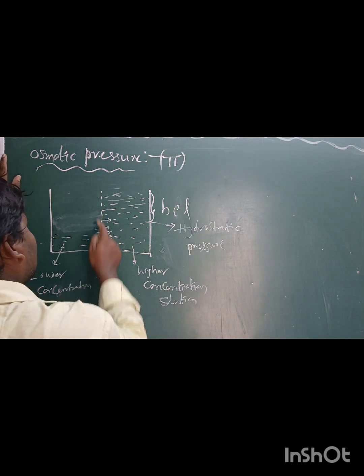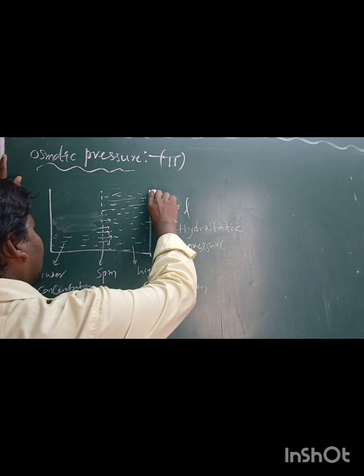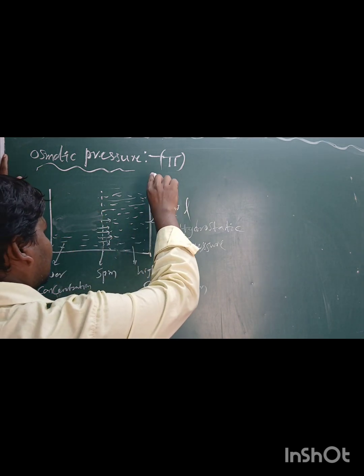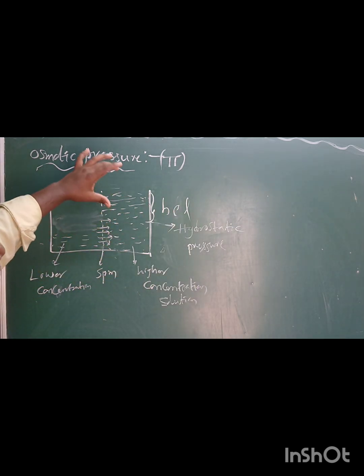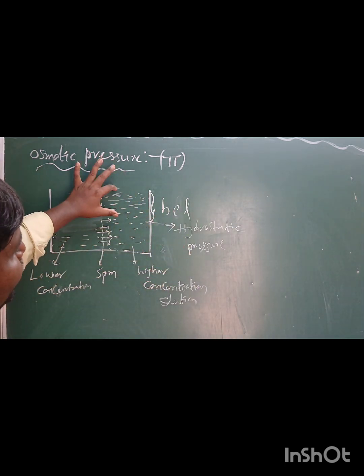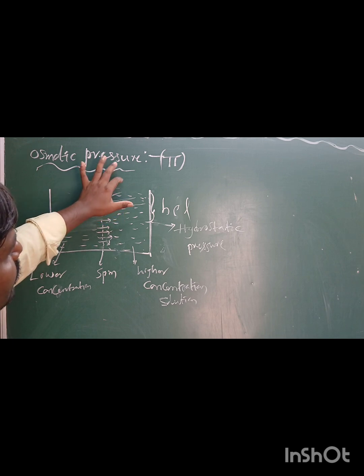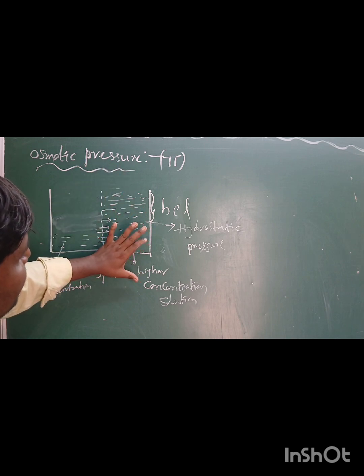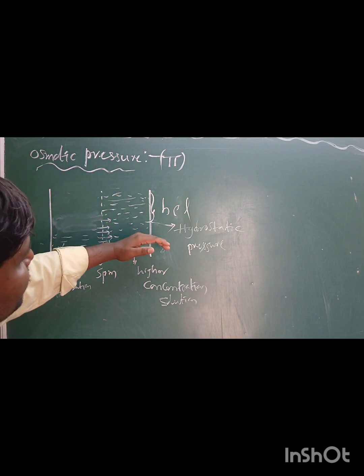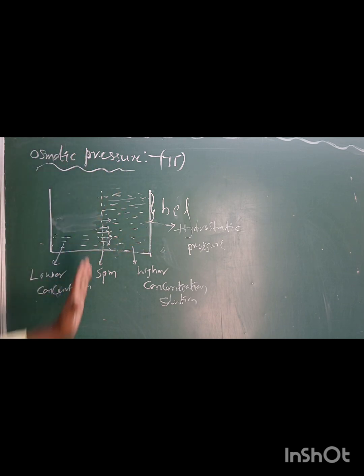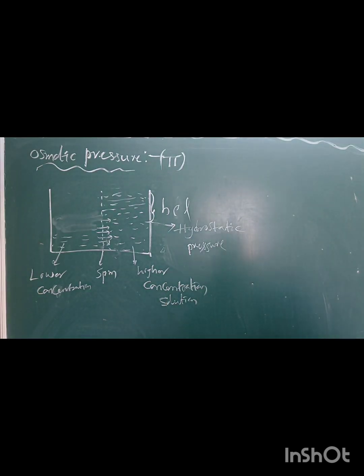This flow of molecules will stop at a particular temperature when the pressure is increased. The excess hydrostatic pressure built up on the higher concentration solution side to stop the flow of solvent molecules from lower to higher concentration through the semi-permeable membrane is called osmotic pressure.